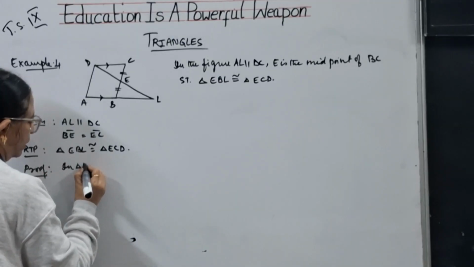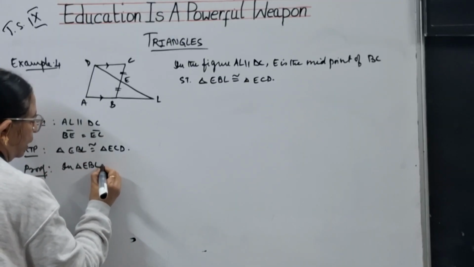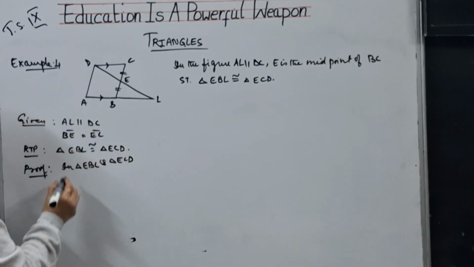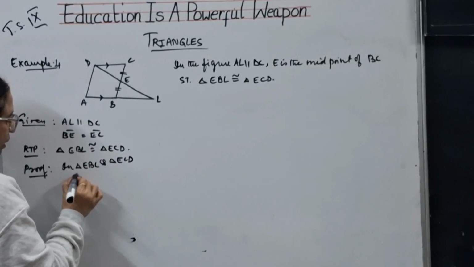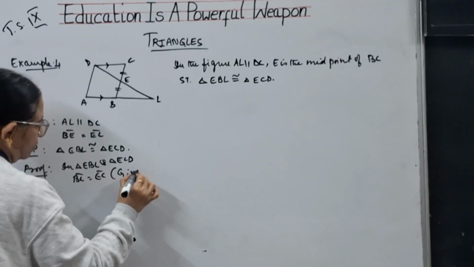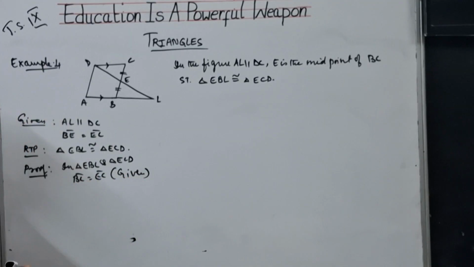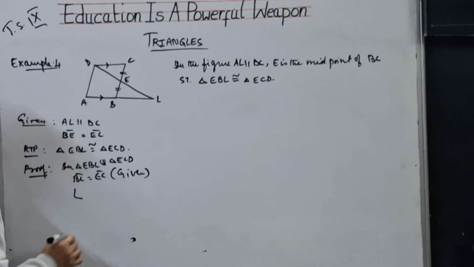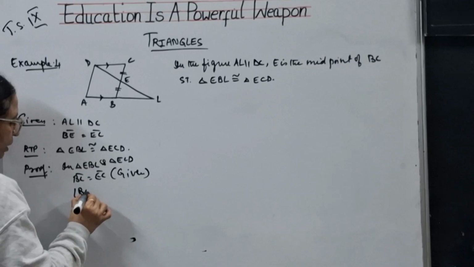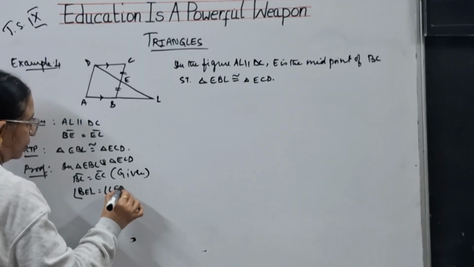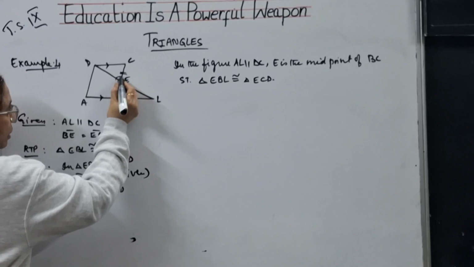In triangle EBL and triangle ECD, in these two triangles, BE is equal to EC. This is given to us. And angle BEL is equal to angle CED. These two angles are equal.